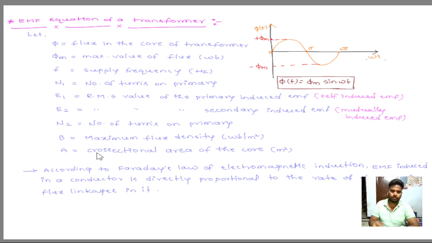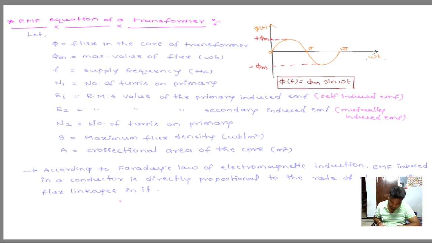Next, we know that according to Faraday's laws of electromagnetic induction, the EMF induced in a conductor is directly proportional to the rate of change of flux linkages in it.